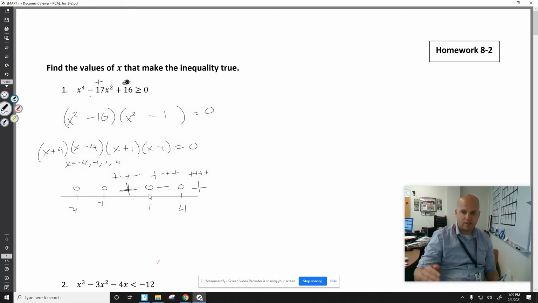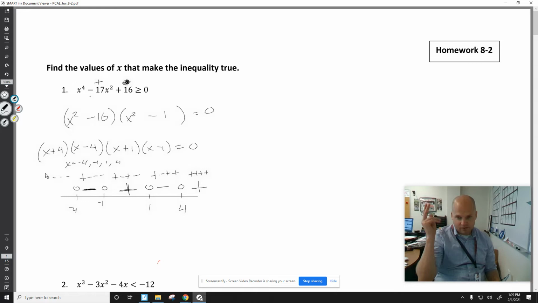Look, we're changing signs, right? Multiplicities are all 1. We're passing through zeros to negative values to positive values. Negative 3: positive, negative, negative, negative. This becomes negative. Negative 5, negative across the board. Negative 5 plus 4, negative 5 minus 4, negative 5 plus 1, negative 5 minus 1.